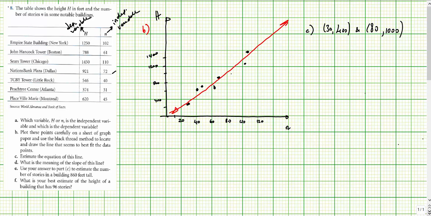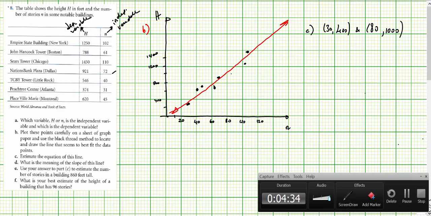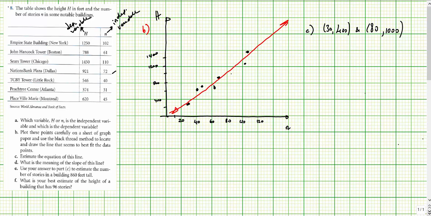So looks like 80 and 1000. Did I miss that? Problem. Instead of these, I'm just going to erase this and pick two points that look the best to your eye.